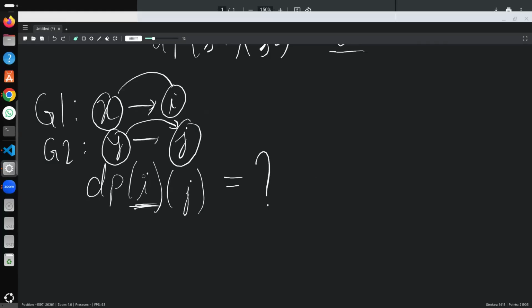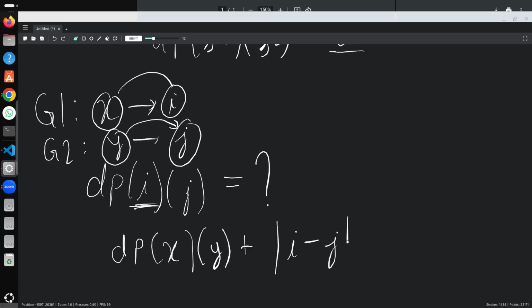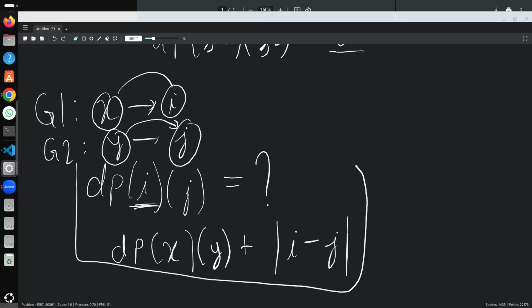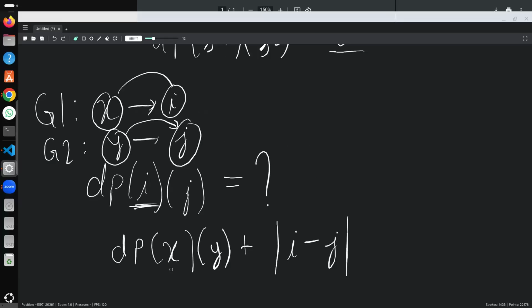So the cost would just be the minimum cost to reach (x, y) plus the absolute value of the final destination, so |i - j|. So DP[i][j] is equal to this, for whatever x and y are adjacent to i and j. We can reach (i, j) from (x, y) if there's an edge from x to i and y to j.